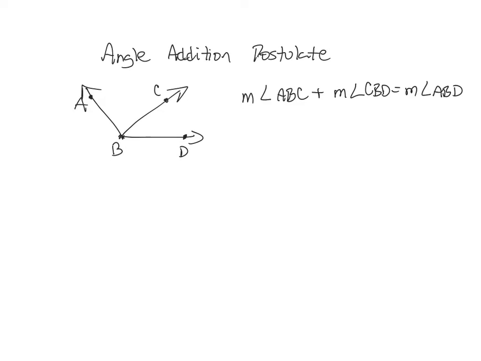So that little m means measure, means the actual number. Because I can add numbers together, I can't add a shape to another shape and come up with some value.